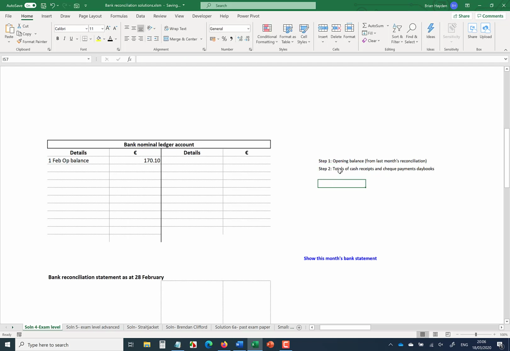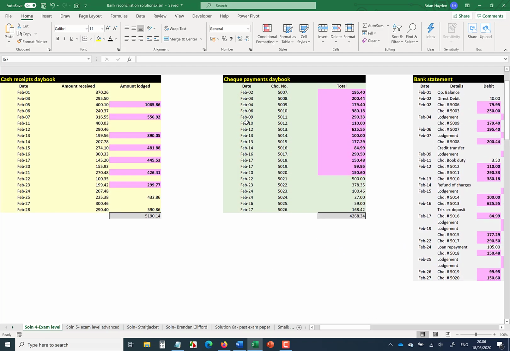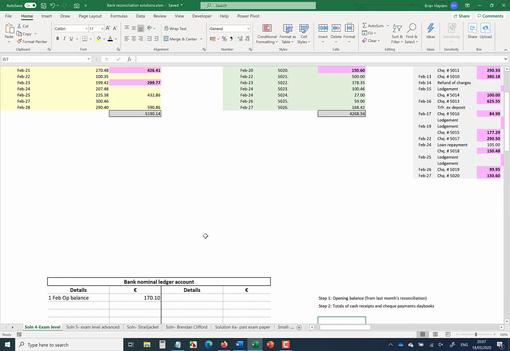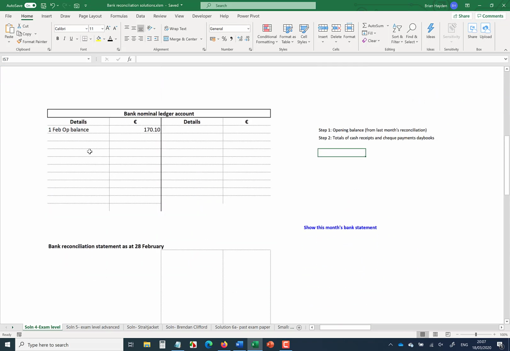We have those up here. The cash receipts are 5190.14, check payments 4268.34. So total cash receipts increases the value of the bank asset, so that goes in here, debit side, and the total payments on the opposite side. Okay, so that's step 2.